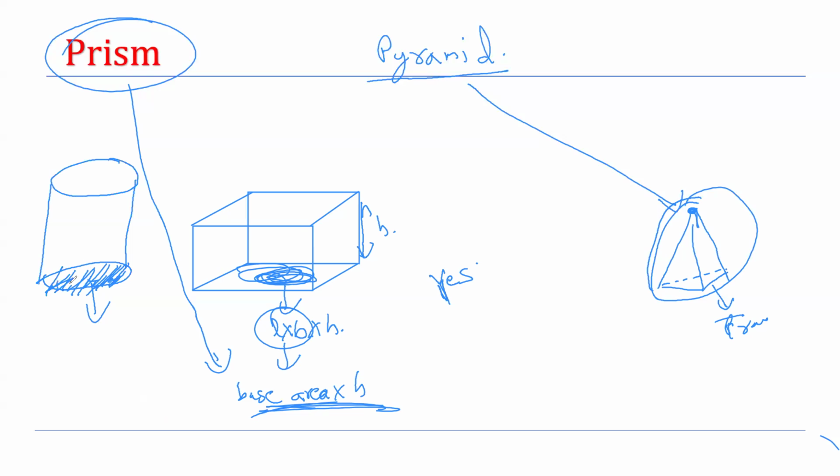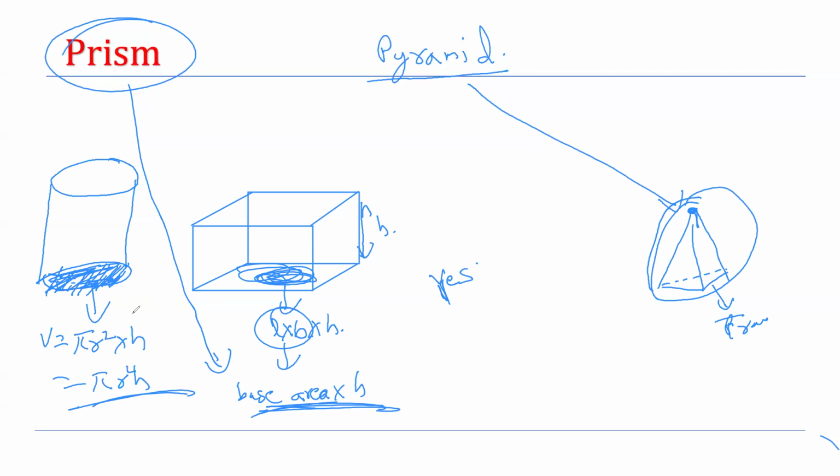Not like that. I'm asking you, what is the base area? This area, sir. Pi r square, sir. Pi r square. Now, as I said, it is a prism. So what is the volume? Base area into height. So volume will become pi r square h.